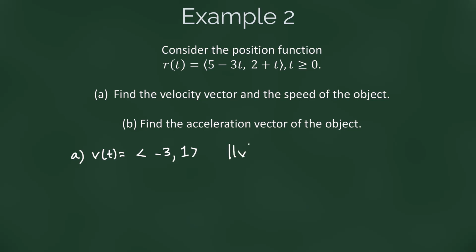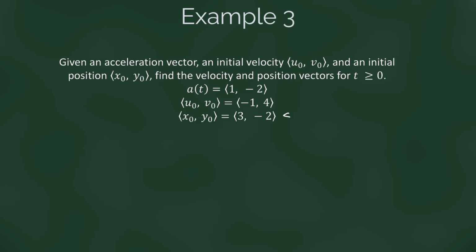The speed is the magnitude of the velocity, so that is going to be the square root of 9 plus 1, or the square root of 10. So this thing is moving at the same speed. Its velocity is direction dependent. And then the acceleration is the derivative of velocity, but since the velocity is a constant vector, the acceleration is going to be 0.